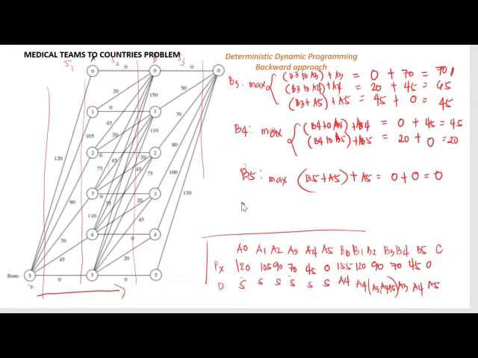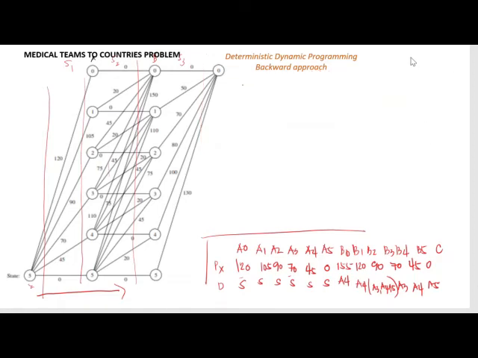Next, let's calculate C. Okay? So we have here the connections of C. Let's get the maximum amongst all the connections.